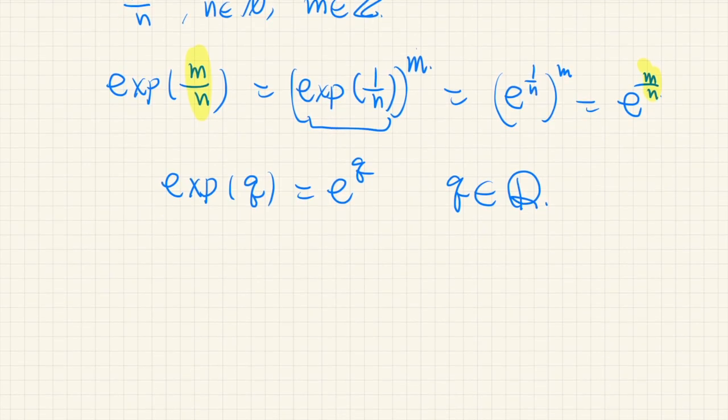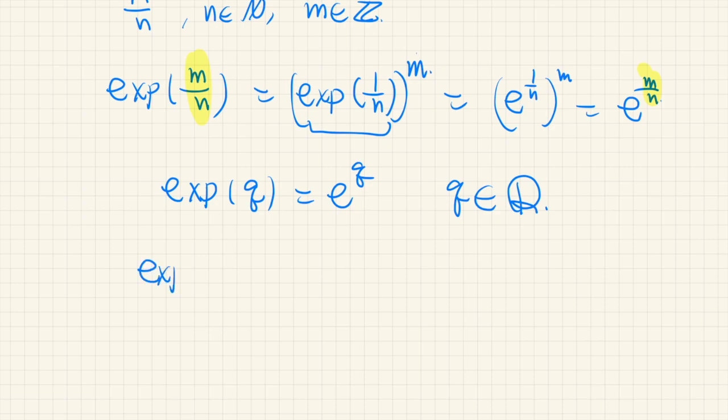And finally, this function, exponential of x, is continuous, because to begin with, the log function was continuous, so its inverse should also be continuous. And any real number can be approximated by some rational numbers to arbitrary accuracy.